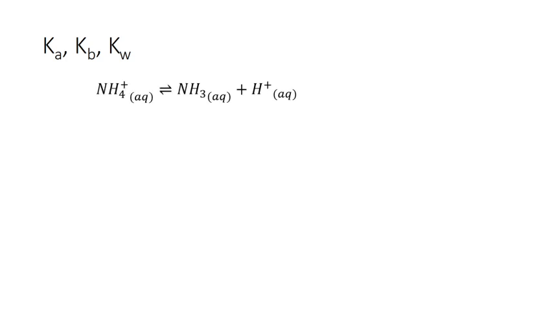So let's start by talking about this reaction here. Clearly this is an acid reaction. We have an acid here, and over here we have the conjugate base and a proton.